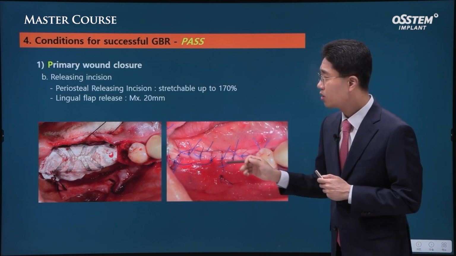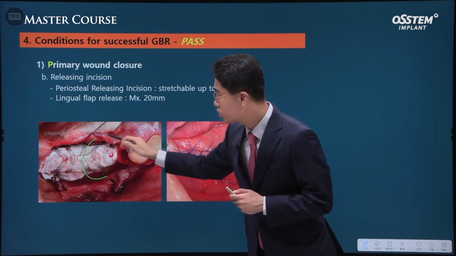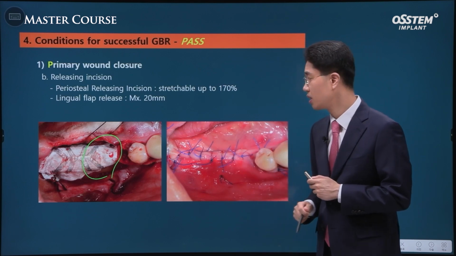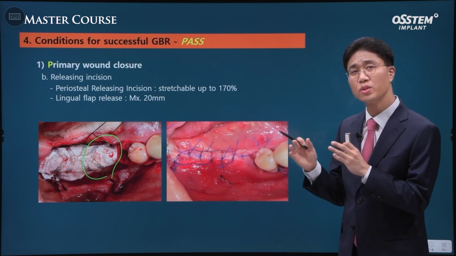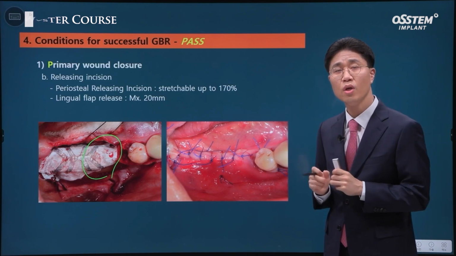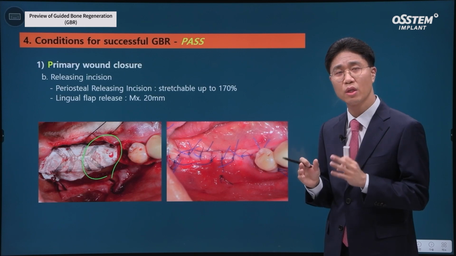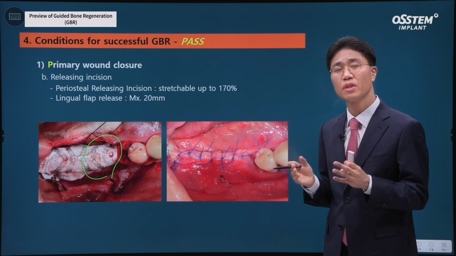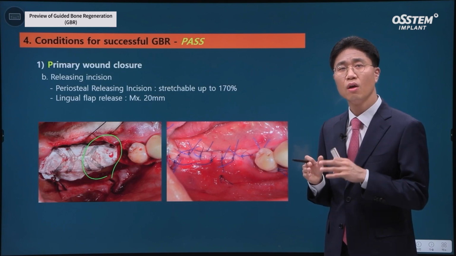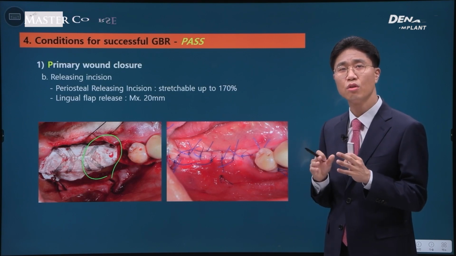If you take a look at the image, in the bone defect area, a non-resorbable membrane has been used for GBR. In certain cases, non-resorbable membranes can be used. In other cases, a resorbable membrane can be used as well. Or you can use titanium mesh, like Osbuilder from Ostem.